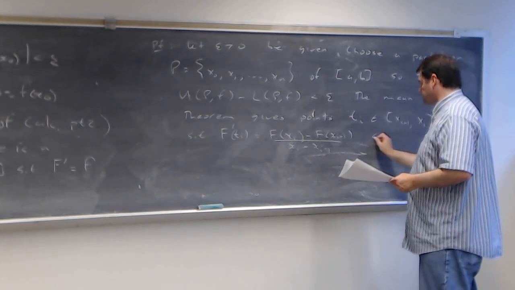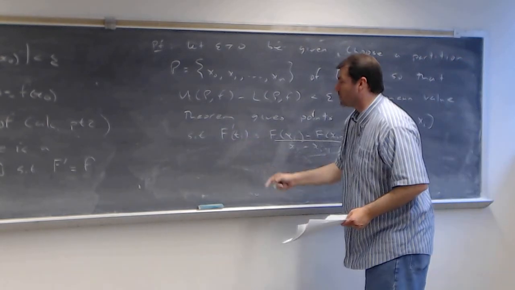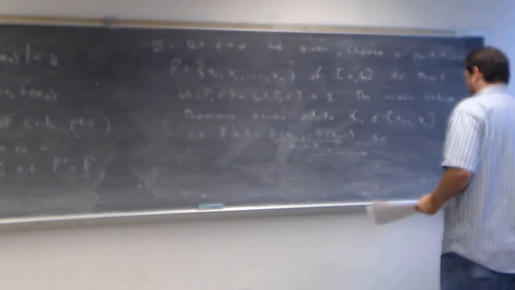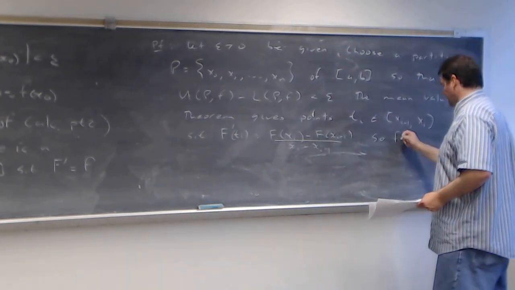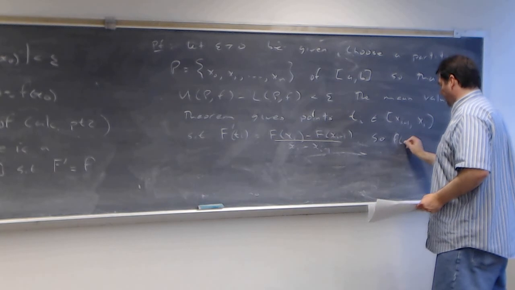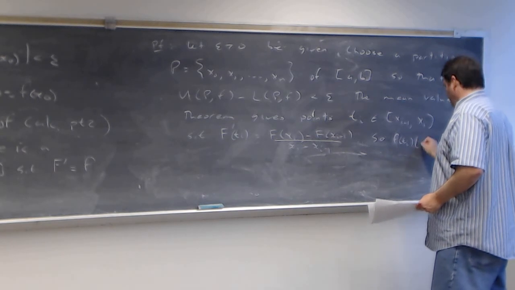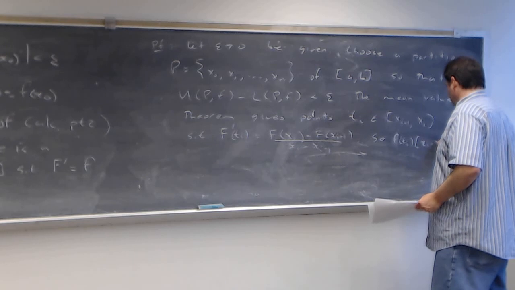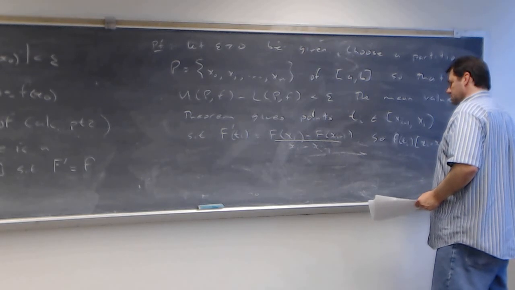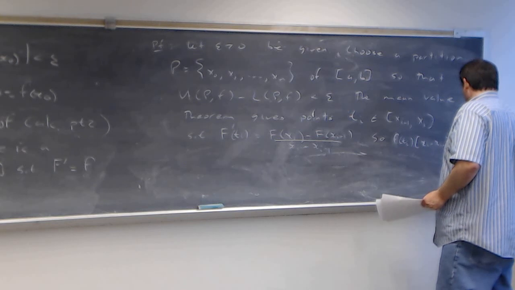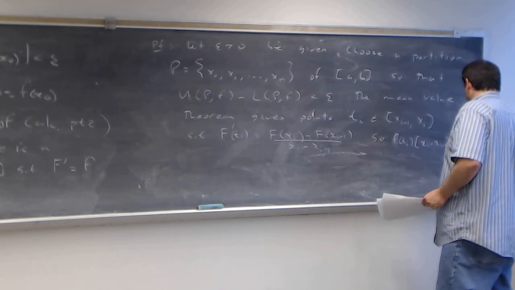So this big F is nothing more than little f evaluated at t sub i times x sub i minus x sub i minus 1, which is equal to big F of x sub i minus big F of x sub i minus 1.